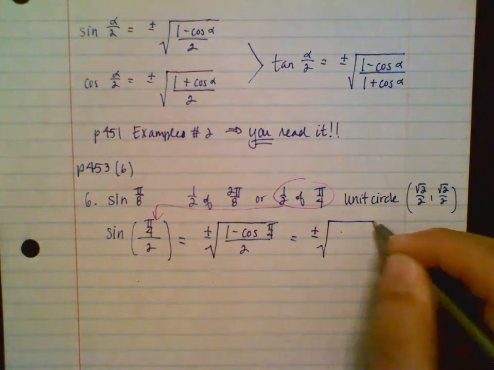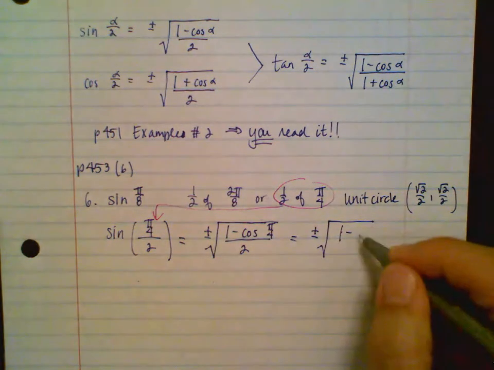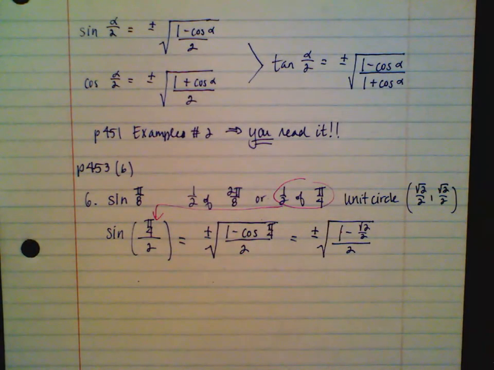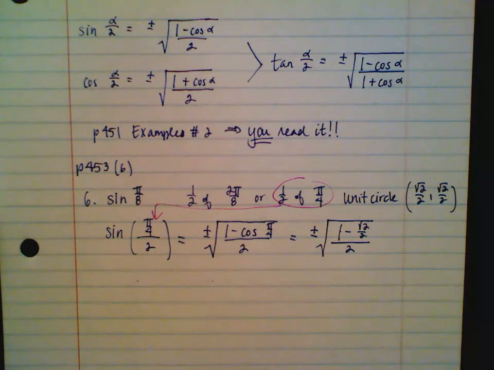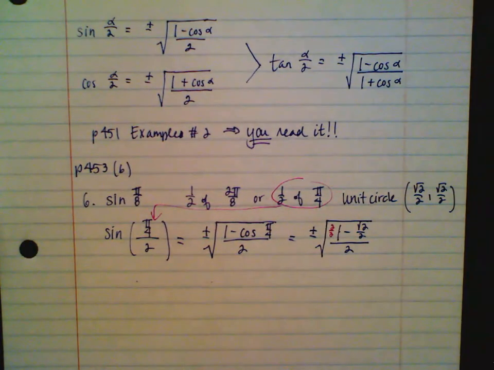I'm going to bring in my radical. The cosine of pi over 4 is the x-coordinate, square root of 2 over 2, and we will divide by 2. And good night. We've got some crazy fraction action happening here. All right. I'm going to treat this as 2 over 2.